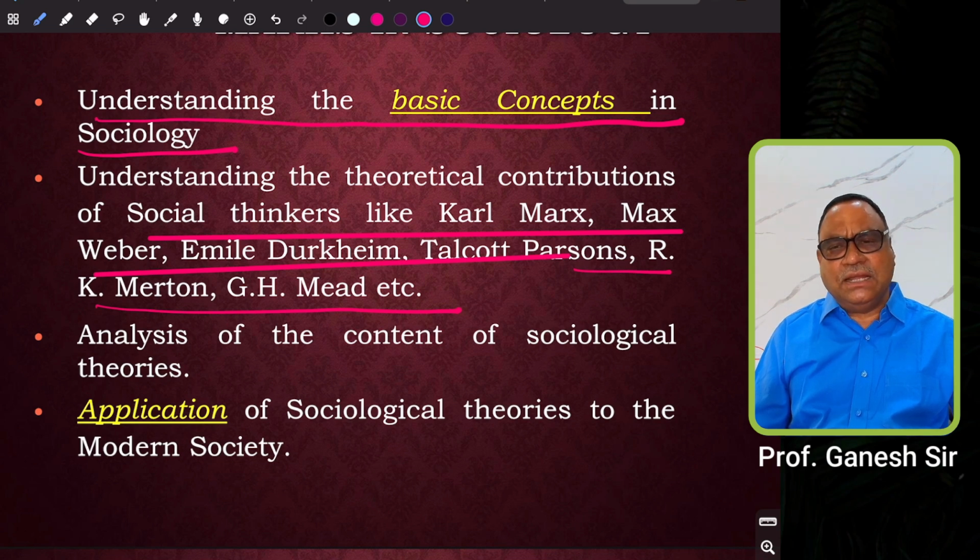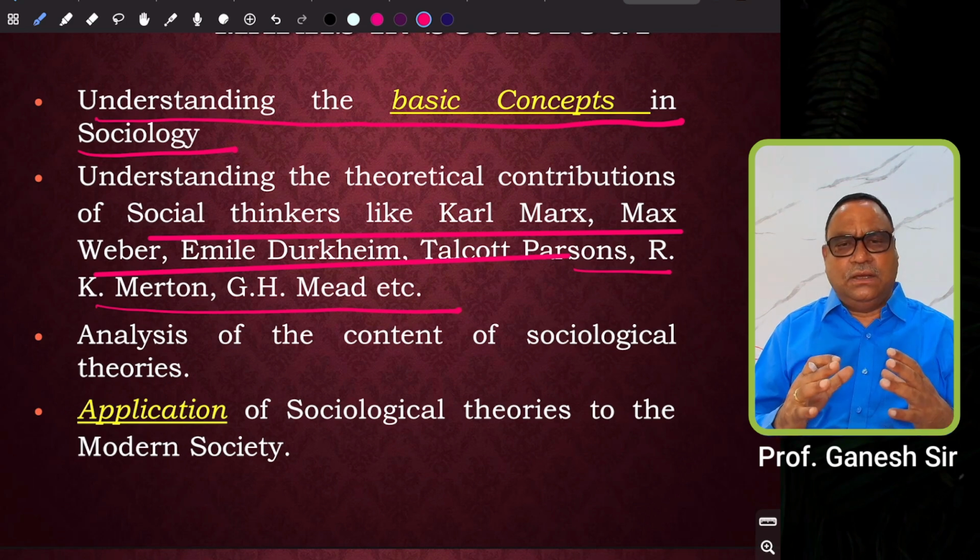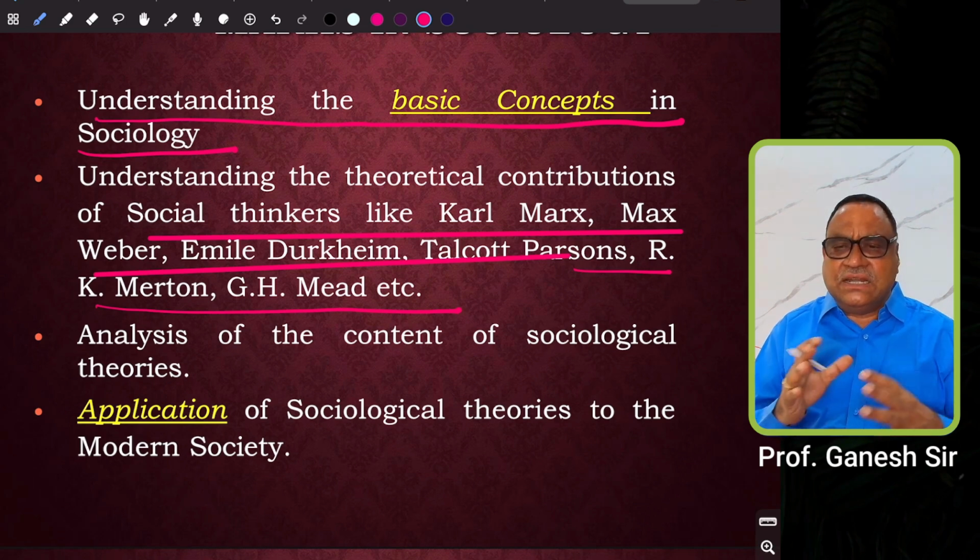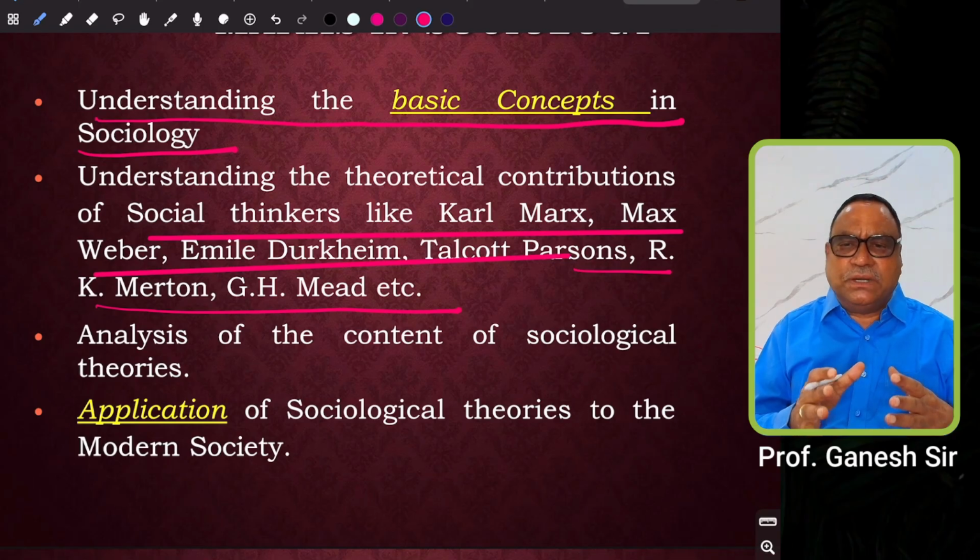Similarly, Talcott Parsons has discussed the theory of pattern variables, R.K. Merton has discussed the theory of social structure and anomie, and G.H. Mead has discussed a theory of mind, self, and society. So a student must have a command of all these theories, and not only understand them, but also think about whether these theories are relevant to contemporary society or not.